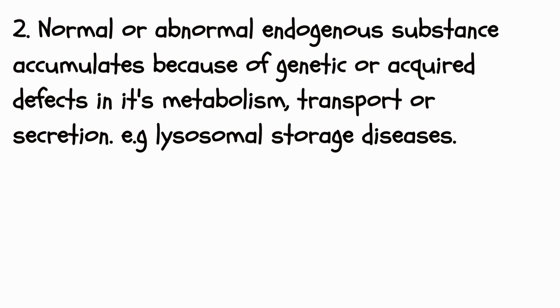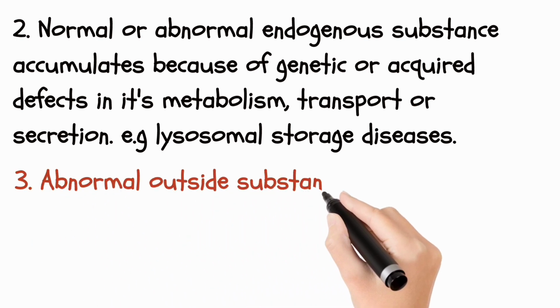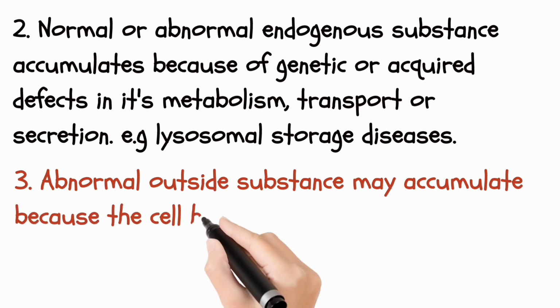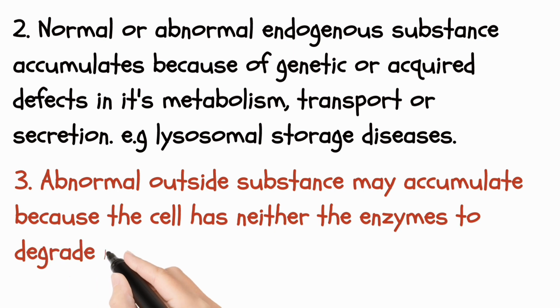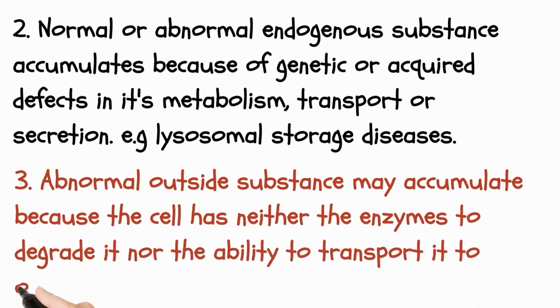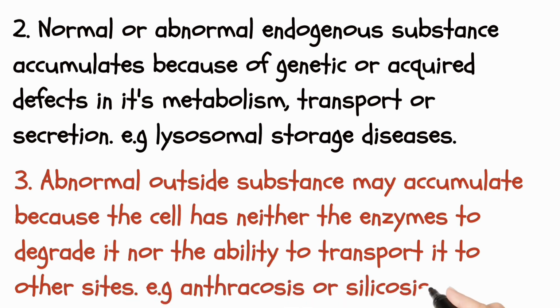The third pathway is that an abnormal outside substance may accumulate because the cell has neither the enzymes to degrade the substance nor the ability to transport it to other sites. Example, accumulations of carbon, that's anthracosis, or silica particles, that's silicosis in the lungs.